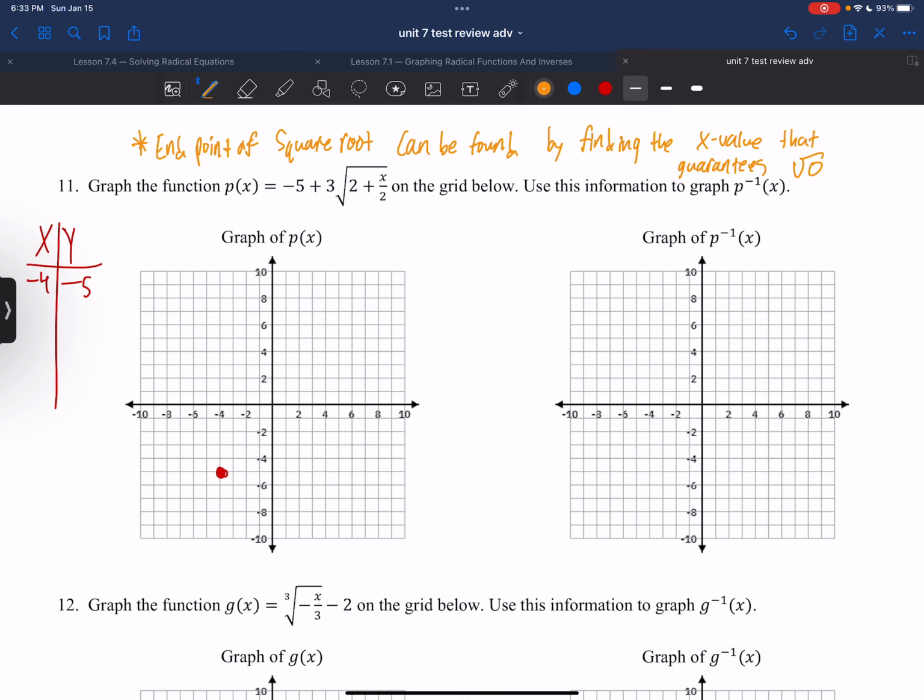Okay? If you can make the radicand equal to 0, that x value will be your x coordinate of the endpoint.